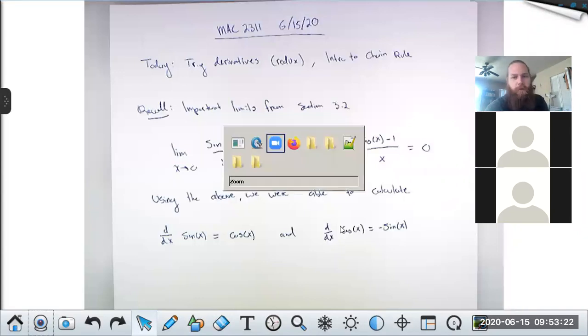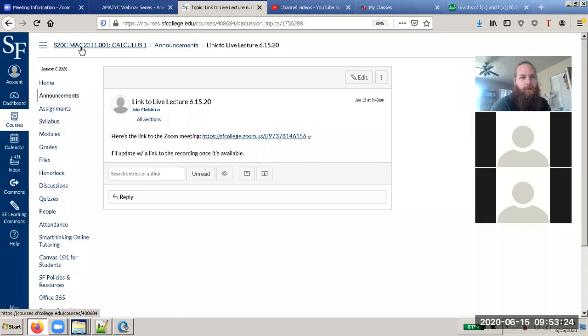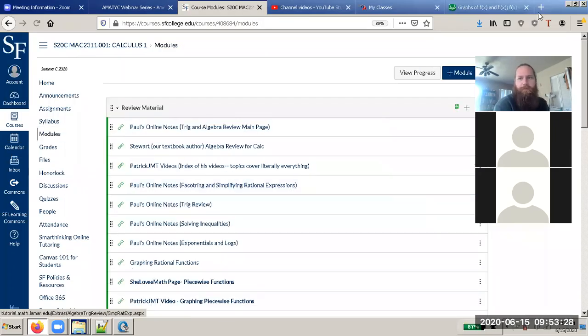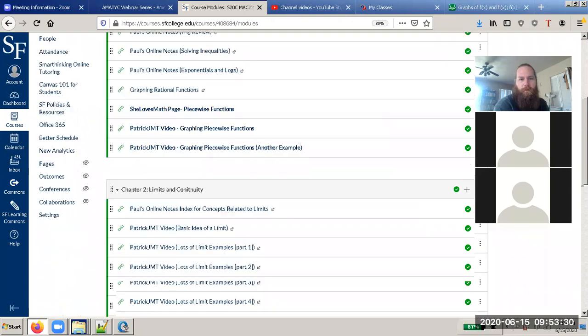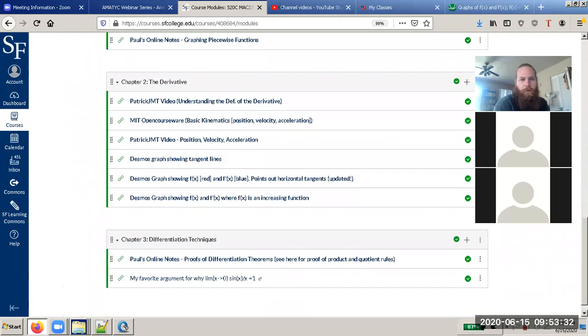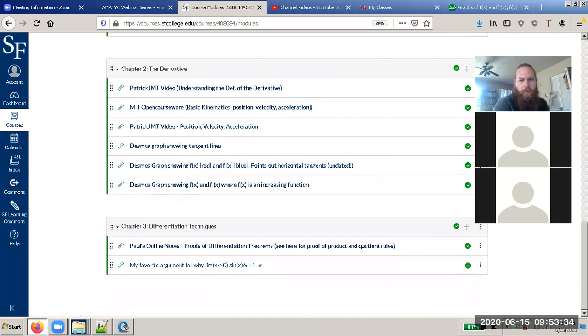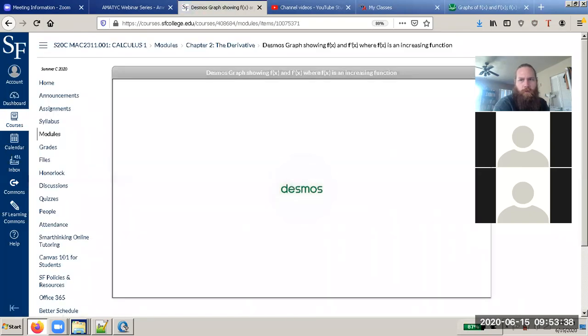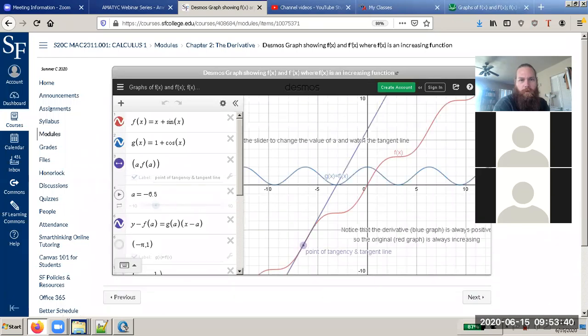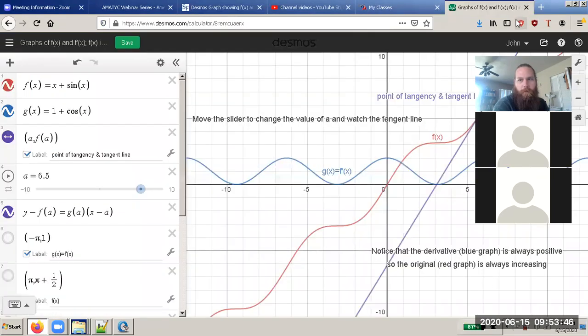And one of the things I posted to the modules on Canvas, if you haven't had the chance to take a look at it, are a bunch of graphs involving functions and their derivatives. So here's an example, 1 plus sine x, of a function that we could not have differentiated before.